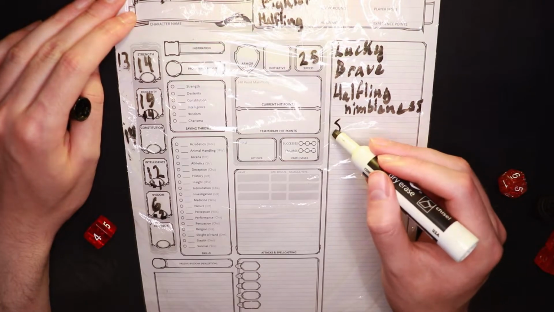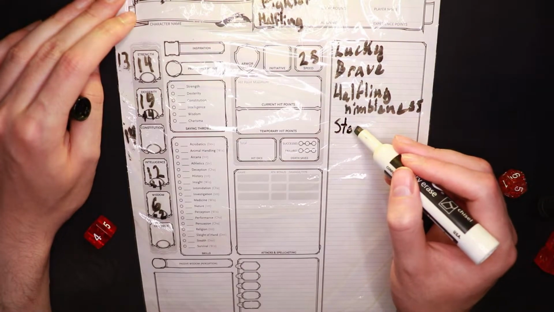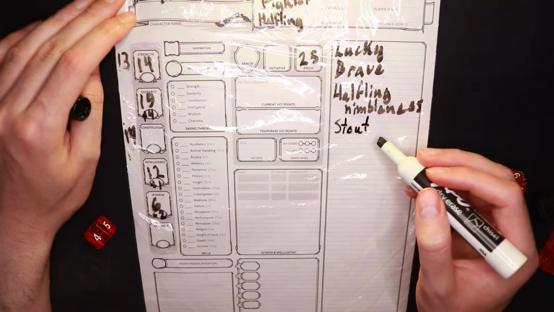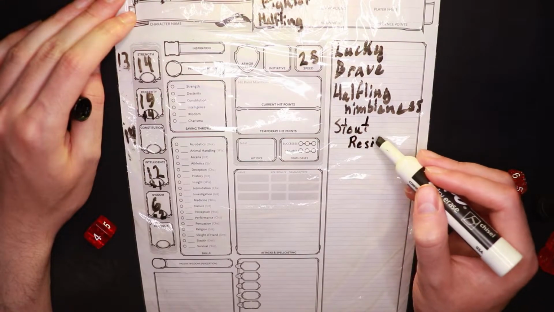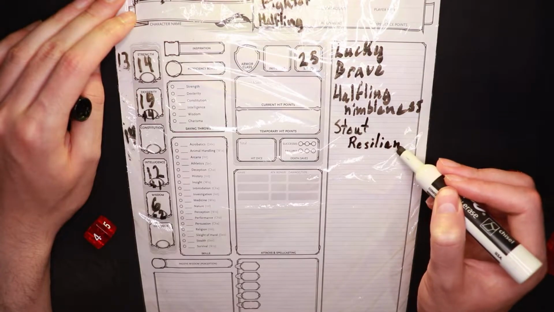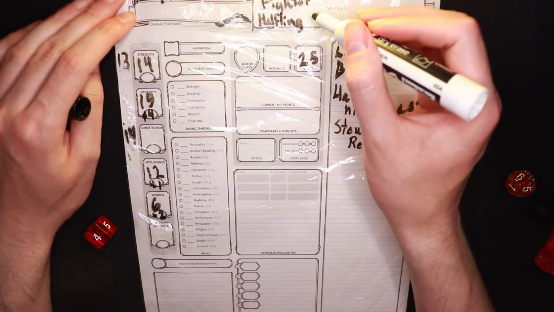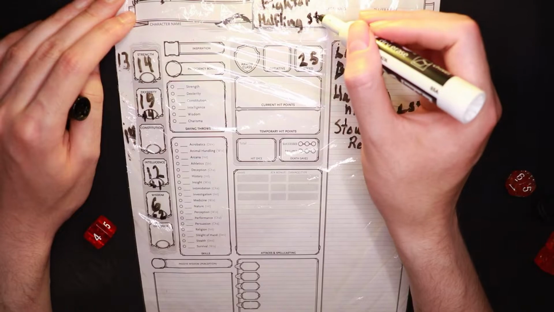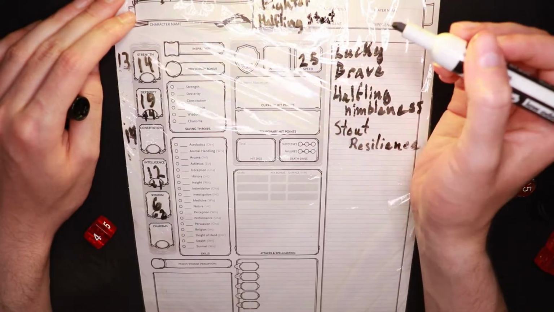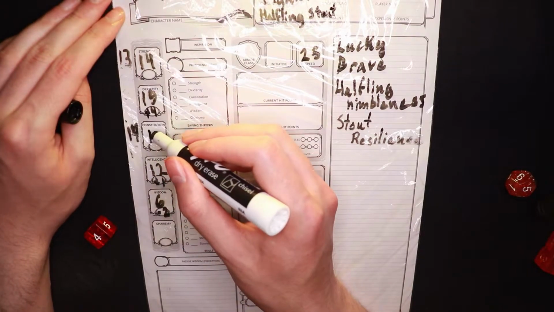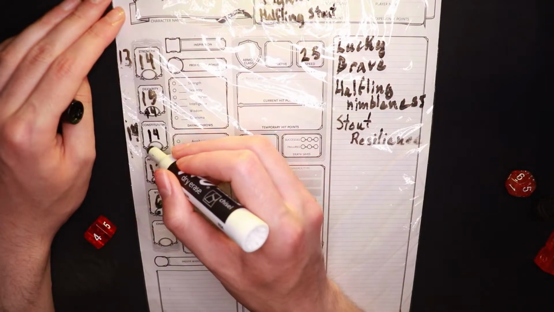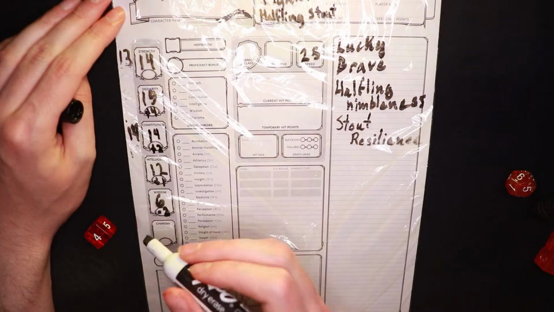So I'm going to put the stout resilience right here as we choose the stout subrace. So our constitution is going to be 14. That's going to be a +2.